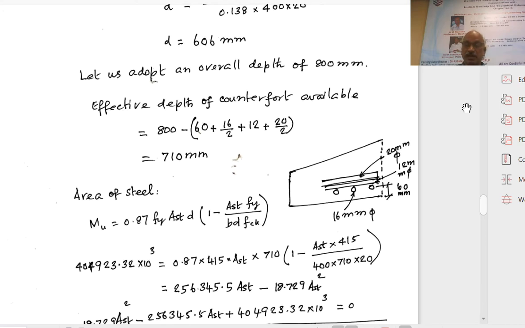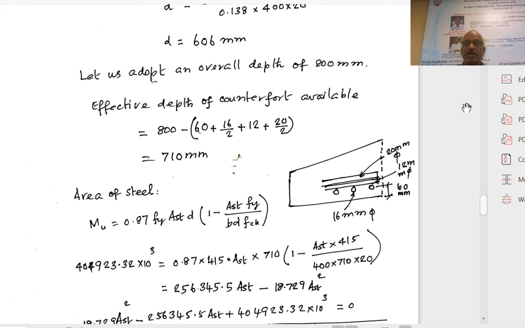That is the circles 16 mm diameter. So that is the main reinforcement for the toe slab, on the top of which we have provided the distributors. Distributors is of 12 mm diameter. Only on the top of this we will be able to provide the main reinforcement, because it is going to act as a cantilever and the main steel will be at the bottom.